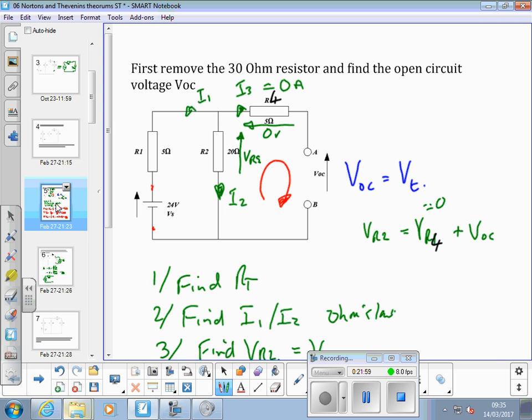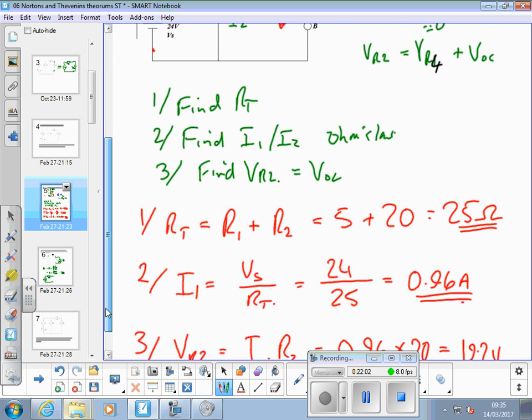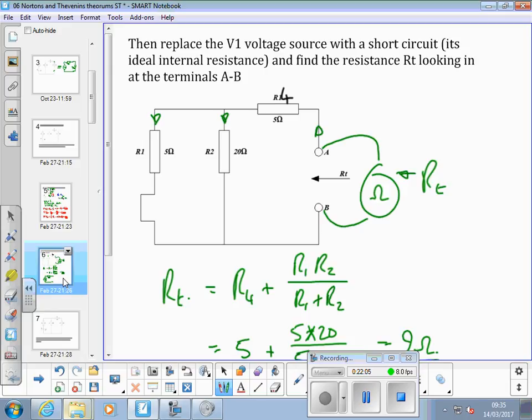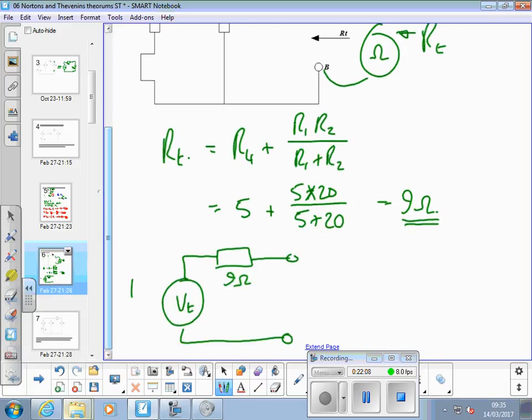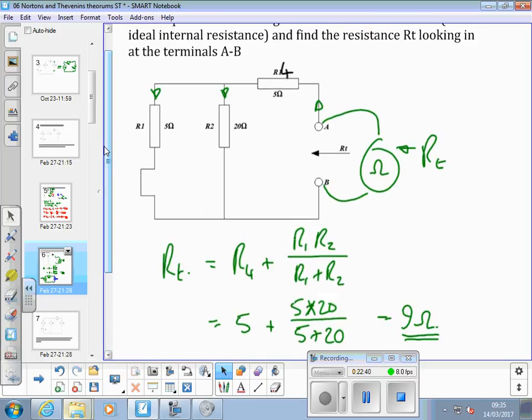Thevenin's was 19.2, wasn't it? The bit here in green is acting like that network with the voltage source in it.